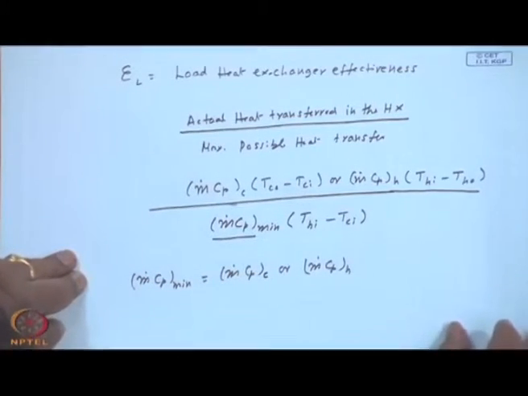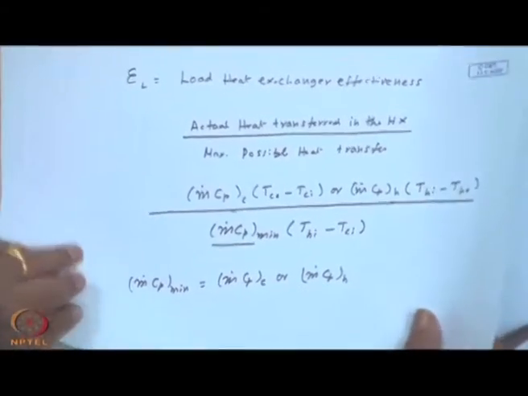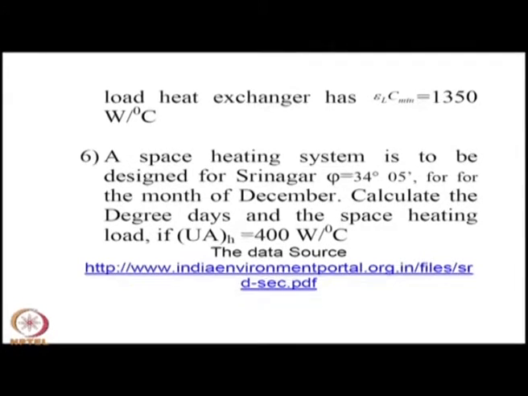Of course, inherent in this formula is that the heat gained by the cold fluid is equal to the heat lost by the hot fluid. Otherwise, another practical way of writing the denominator is, depending upon the objective, the heat transfer acquired by the cold or the hot fluid, over m dot C_p minimum times T_hi minus T_ci. So, this indicates how good the effectiveness of the heat exchanger is.